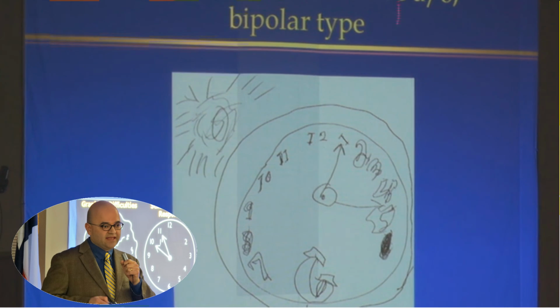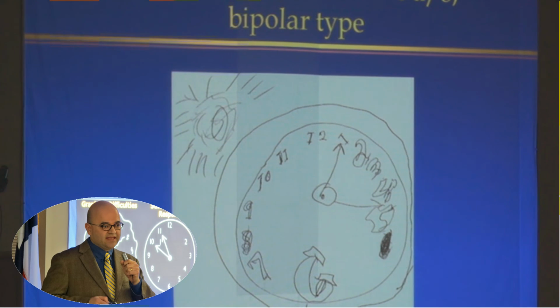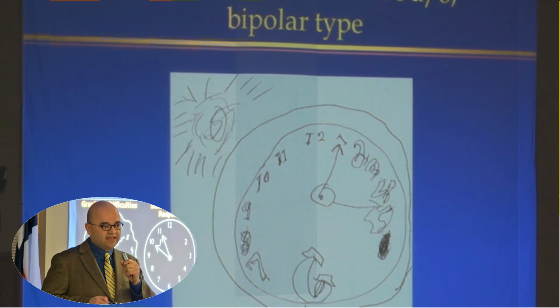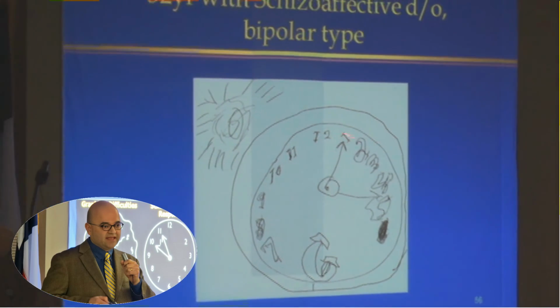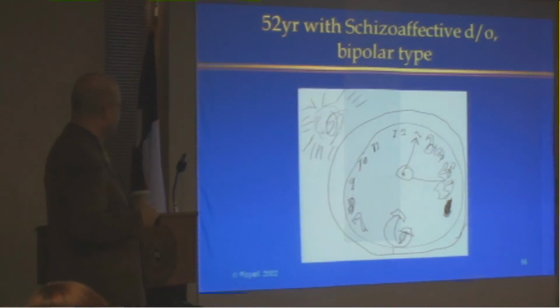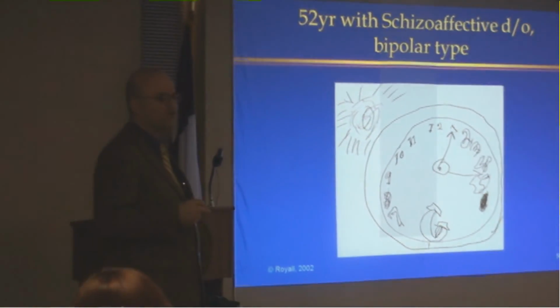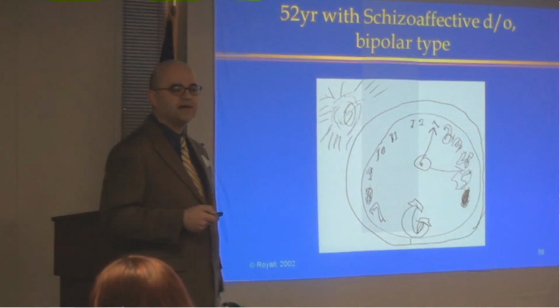This patient is in a manic state. He has a psychiatric disorder, and you see how he drew the sun? He wasn't told to draw that, but he was in this state of elation, so happy, sunny. That's how he was reflecting his state of mind.